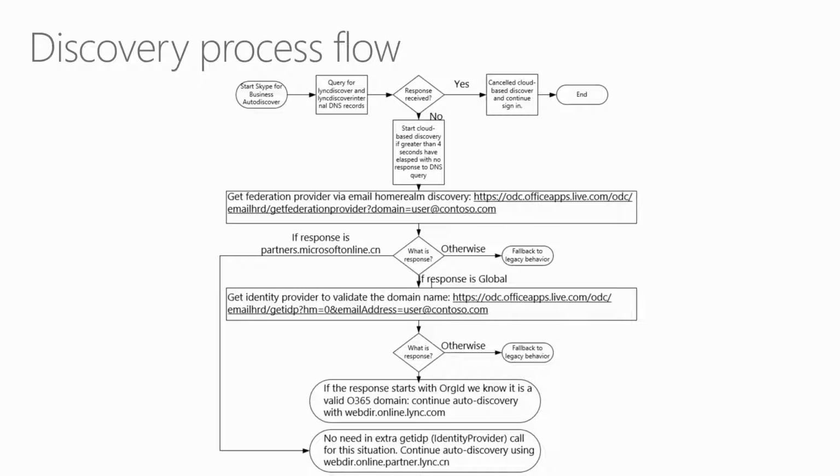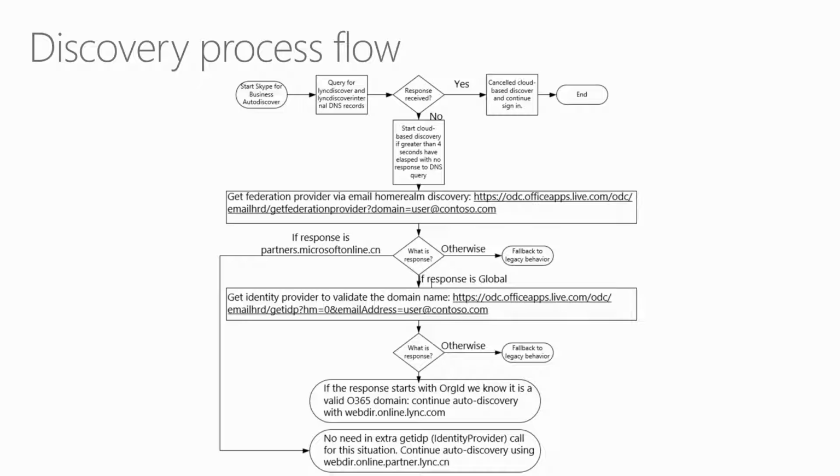It is possible that the response would be partner.microsoftonline.cn. That would mean that the user is hosted in Office 365, but not in the global deployment, but in the specific Chinese deployment. And if there's another answer, if it's not global or not partner.microsoftonline.cn, then it will fall back to the legacy behavior that we just discussed on the last slide.